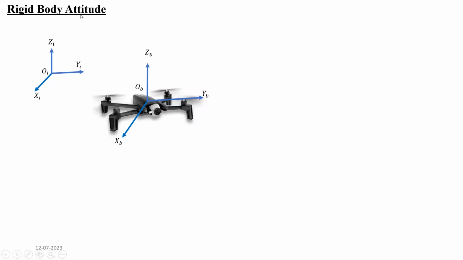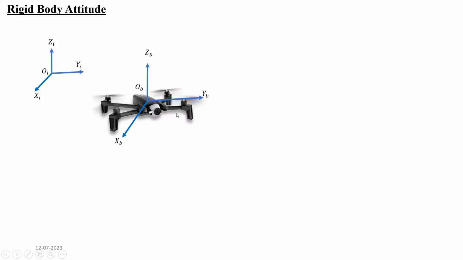Okay, and what does attitude mean? Attitude is the orientation of the rigid body with respect to the inertial frame, or the orientation of the rigid body with respect to its own previous frame. Let's say initially my body frame is the inertial frame, so the XB direction and YB direction coincide with the XI and YI directions, but after some time my body moves.